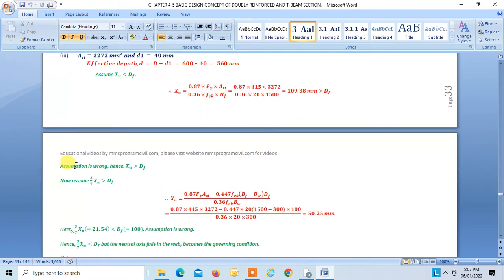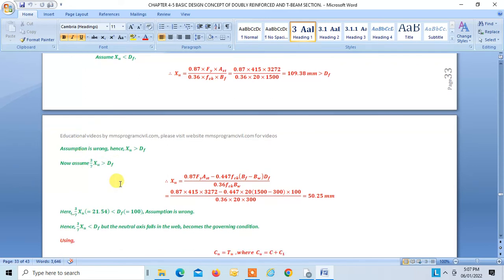Now again take the next assumption, that 3 by 7 XU is greater than DF. Find your XU, then it is coming out to be 50.25. Now check 3 by 7 XU is greater than DF. 3 by 7 XU is found to be 21.54, which is less than DF. DF is 100. Again, this assumption is wrong. So the case is false in case 3.